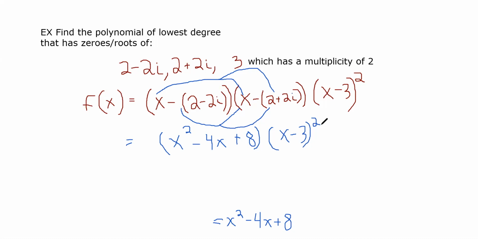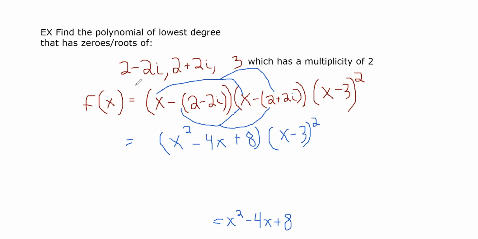But ultimately, what it means is that even though we had some roots, we had some zeros that involved i, that were complex numbers, the polynomial itself, if we were to fully multiply this out, would not have i involved in it. Which makes sense because we said that polynomials have to have only real number coefficients. You can't have a coefficient that has i involved. Thus, this wouldn't have been a polynomial if that didn't happen.